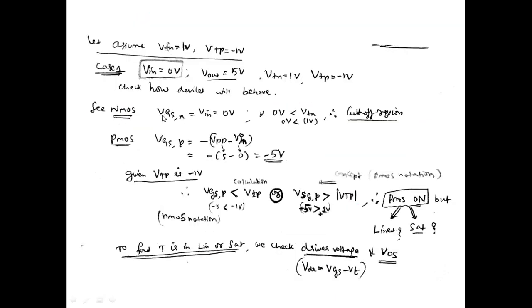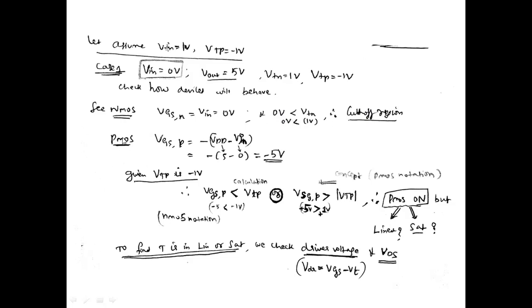VGSN is equal to Vin, which is 0, and this is less than VTN, which is 1 volt. Hence, this NMOS will be in the cutoff region.